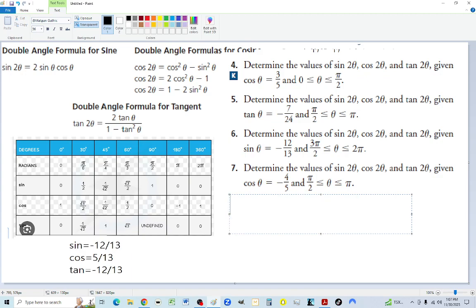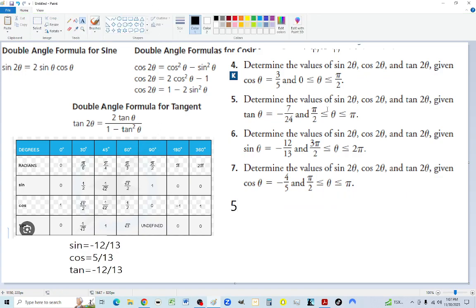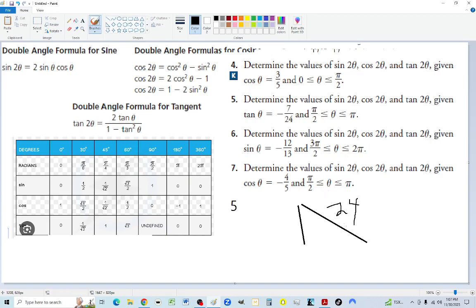Going back to 5, if we take our triangle here, this is in quadrant 2. We can see that the hypotenuse is 24. Oh, sorry, they give us the tan.